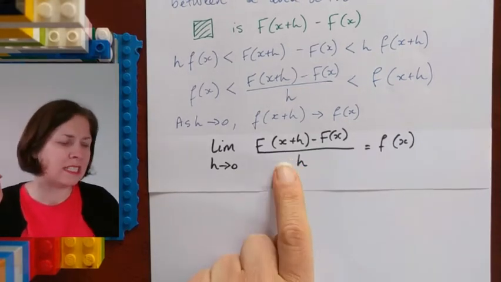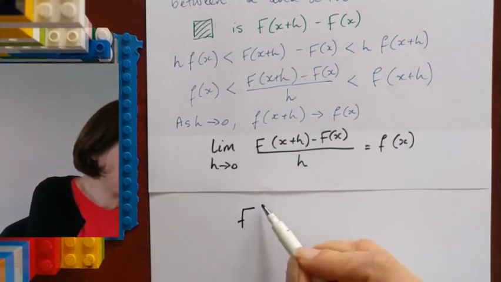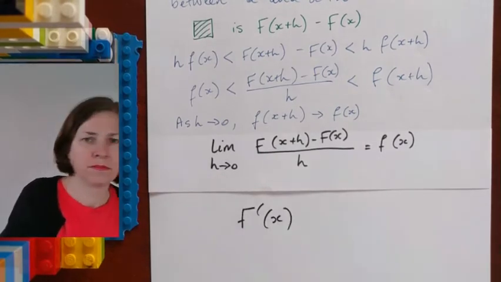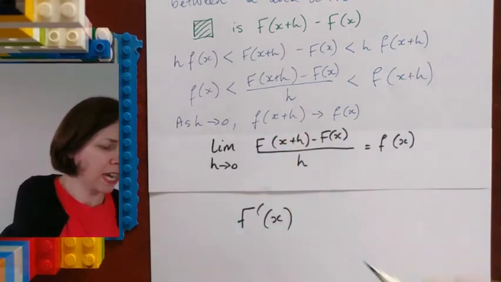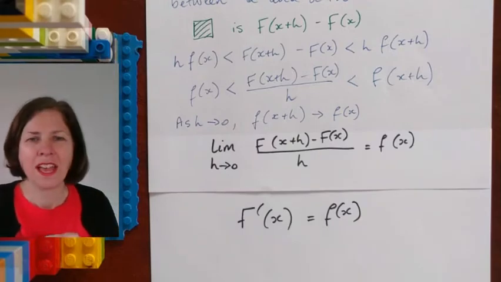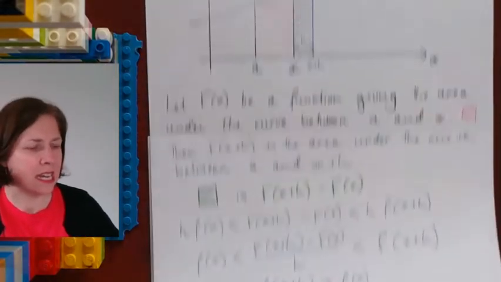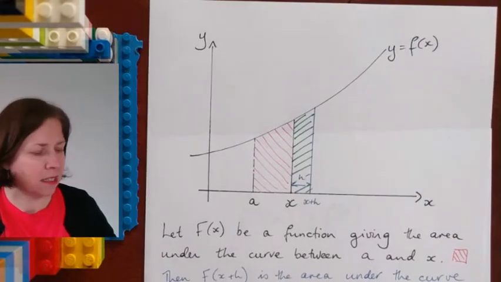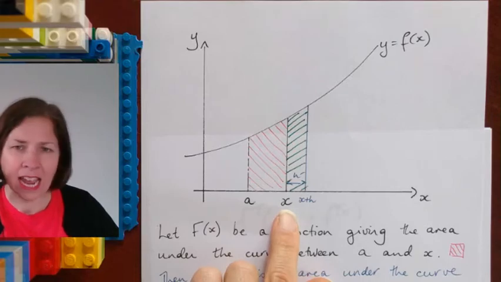In other words, this left-hand side of my equation is going to equal F dash of x, but I've just established that this is equal to f of x. So remember that capital F was a function which I originally defined as the area under the graph between a and x.